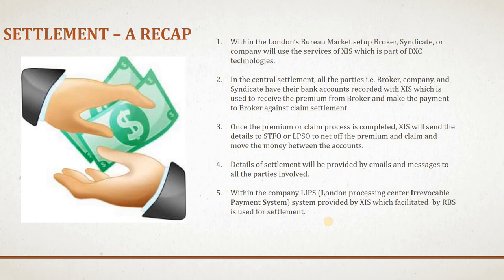Now, before getting into the claim process, let me do a quick recap on settlement. Within the London Bureau market setup, the broker, syndicate or company will use the services of XIS, which is a part of DXC Technology, to facilitate the central settlement. In the central settlement, all the parties, for example brokers, companies and syndicates, have their bank accounts recorded with XIS, which is used to receive the premium from the broker and make the payment to the broker against the claim settlement.